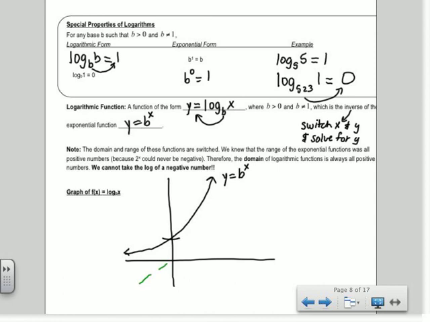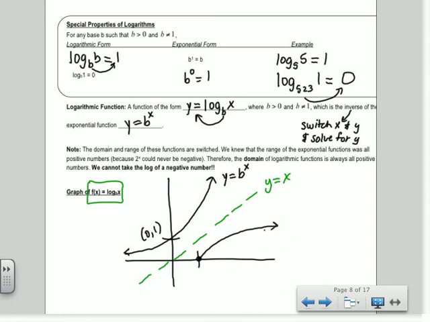Inverses are reflected across the line y equals x. So if I'm trying to graph f of x equals log base b of x, I'm just going to take my b to the x and reflect it over the line. So instead of having this point 0, 1, what point am I going to have? 1, 0, right. And these are going to be reflected across. It's going to look like that.